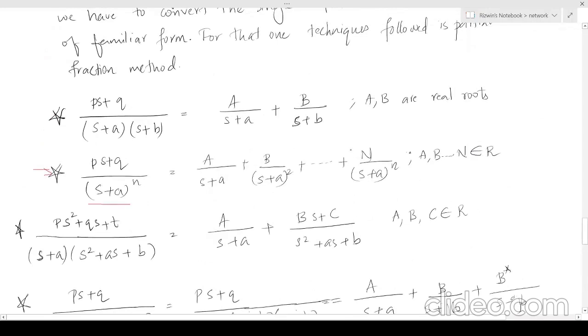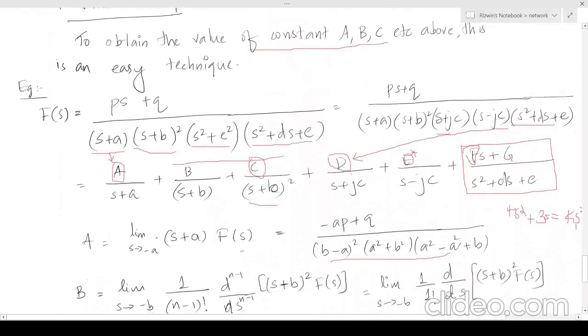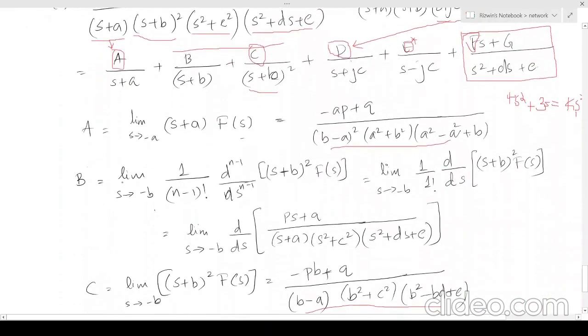We can find the coefficient of the highest power n by just multiplying this denominator with the function and substituting s equal to minus a. To find other terms lower than this, you have to learn a simple equation, given by limit s tends to minus b. Here we are finding B.